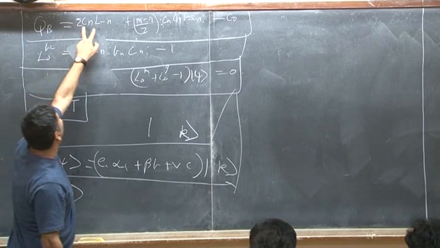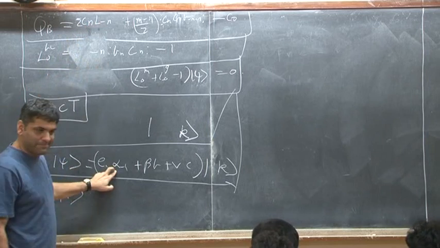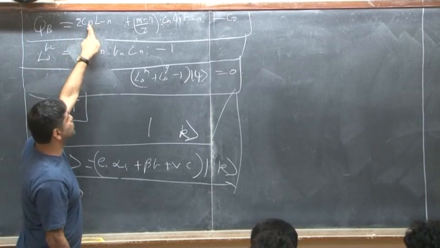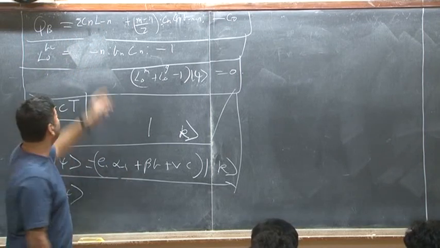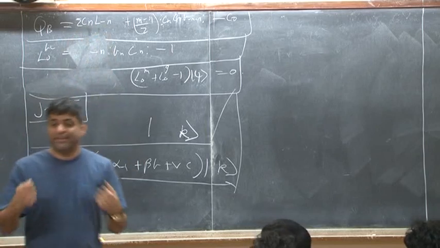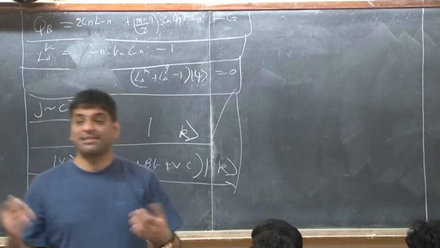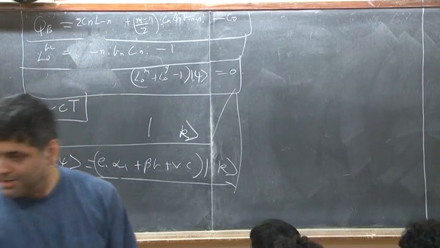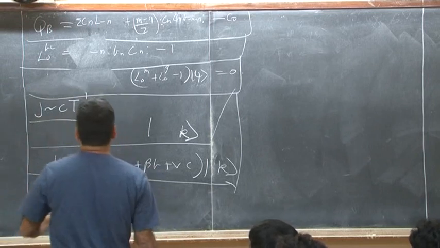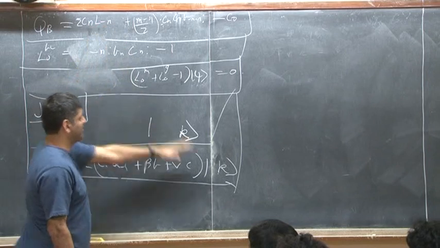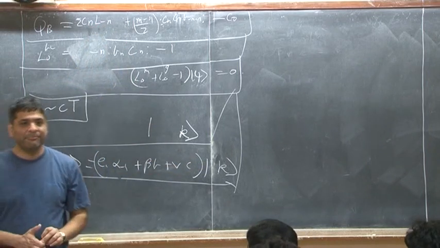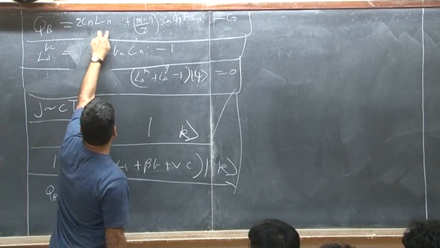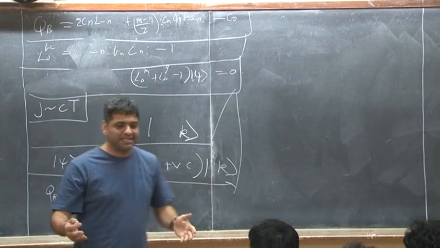So let's take this term and act on this. How will we get something non-zero? There are two ways to get something non-zero. Either we take C0 and L, so we take n equals 0. That gives us something non-zero because L0 acting on this state is not necessarily 0.